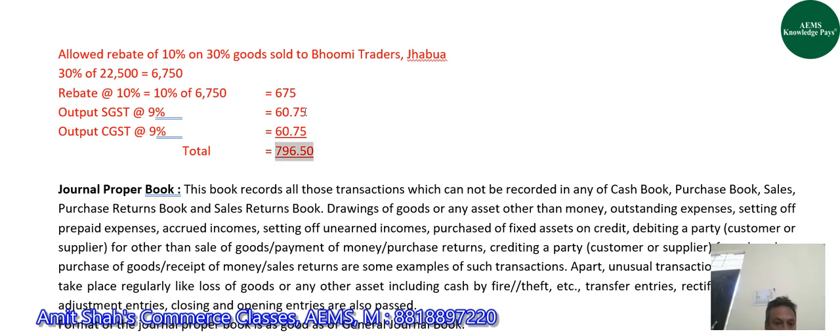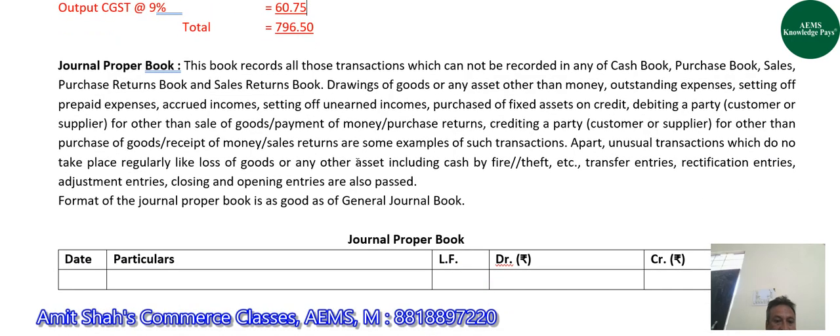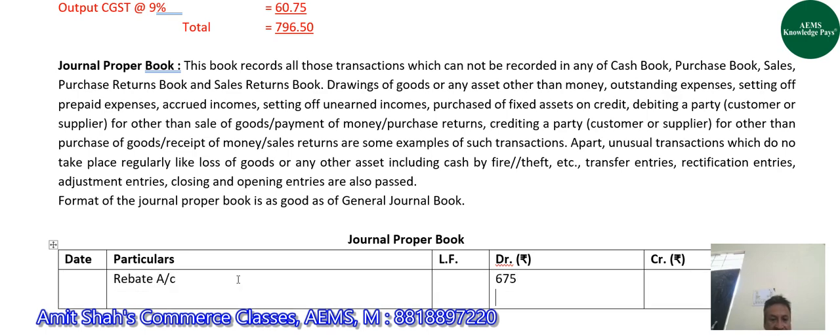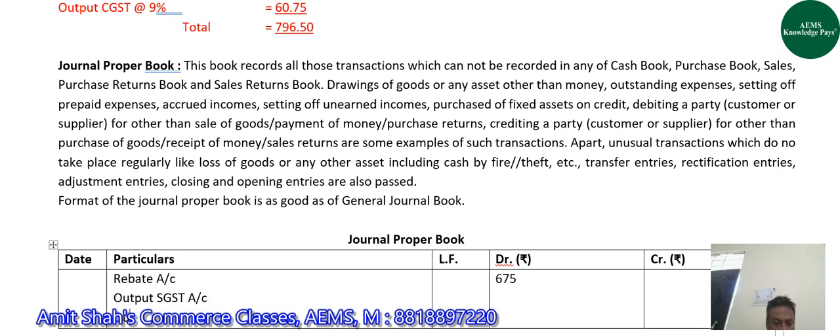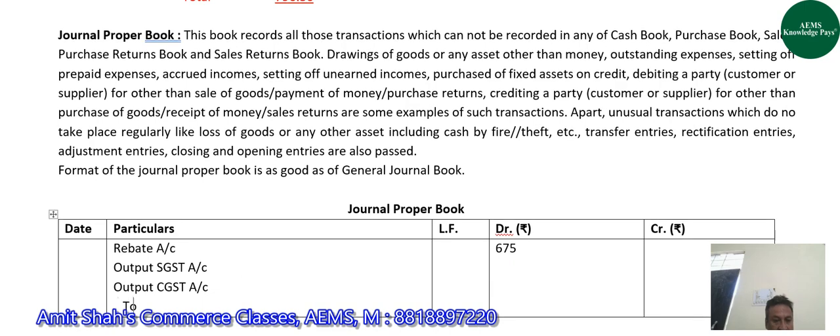So with this, we have to credit Bhumi Traders and we will debit rebate account. With how much? The rebate that we are giving is 675. We will also debit output SGST account and output CGST account, and will credit Bhumi Traders account.